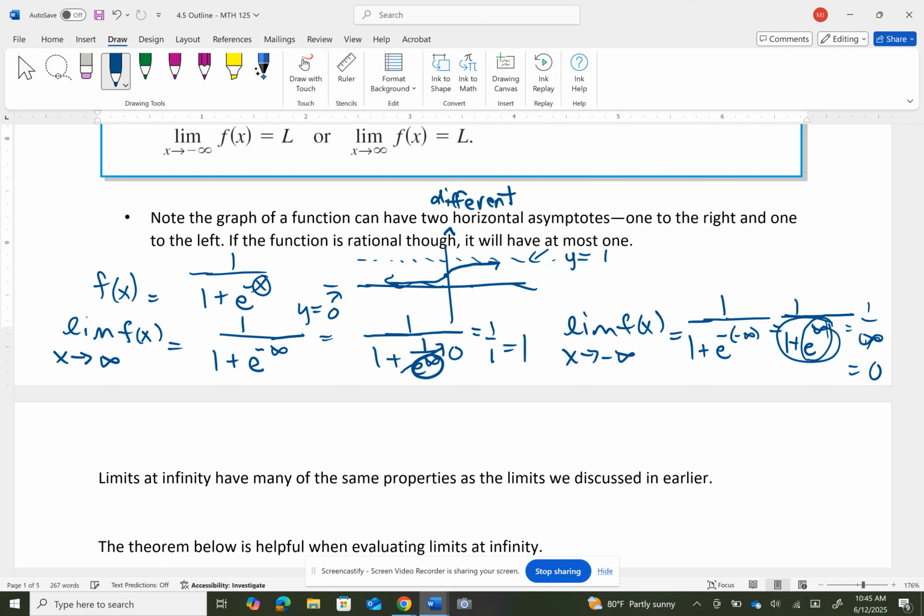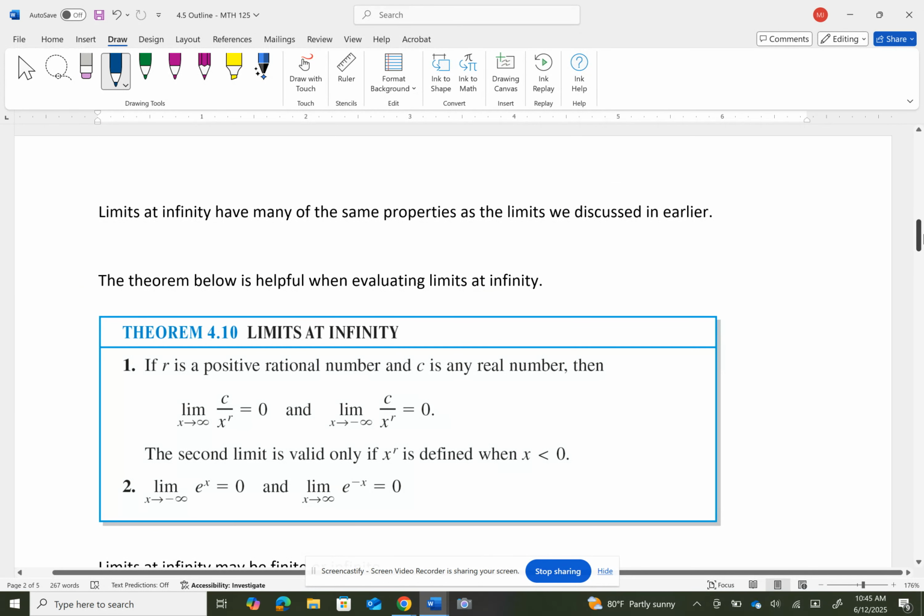Let me go ahead and do just a little bit more. The limits at infinity have a lot of the properties that we found out worked with the other types of limits that are approaching some number. So if you have a limit of a function as x approaches an infinity of some sort, say positive infinity, and the function is composed of two functions being added or subtracted, multiplied or divided, what you can do is do the limit of each piece.